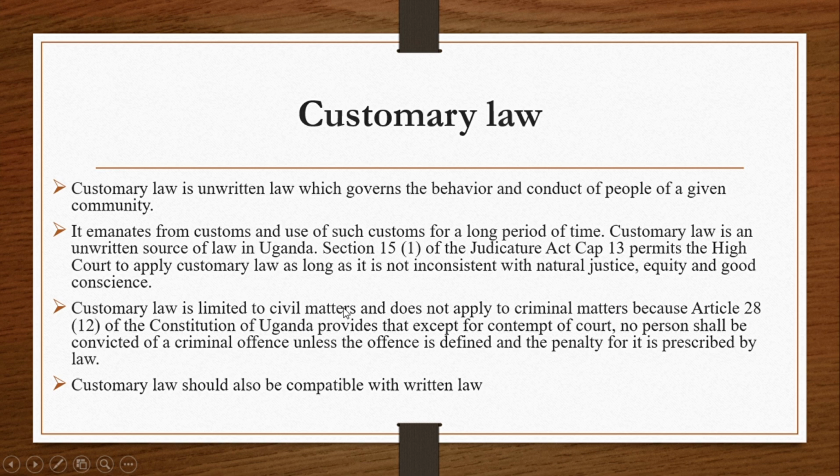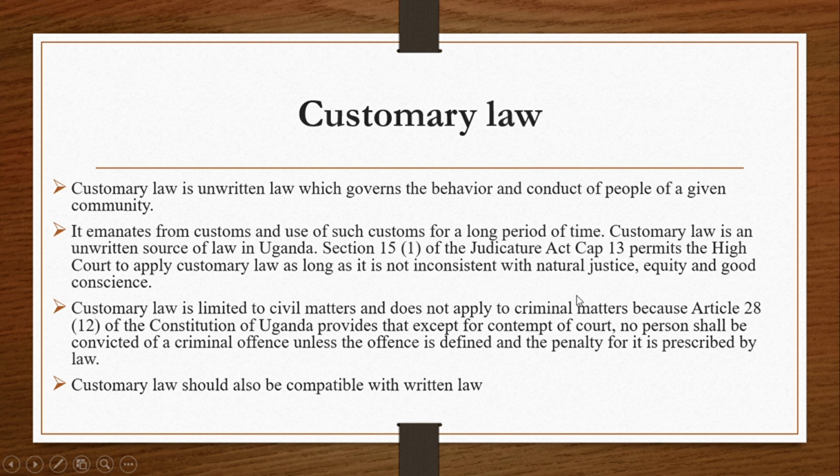Civil matters are where people just have disagreements and they are seeking a solution from court. Maybe they were in a contract and one of the parties didn't fulfill their obligations according to the contract. That is a civil matter. But criminal matters are related to an offense, a crime. Someone stole, someone murdered, someone raped.